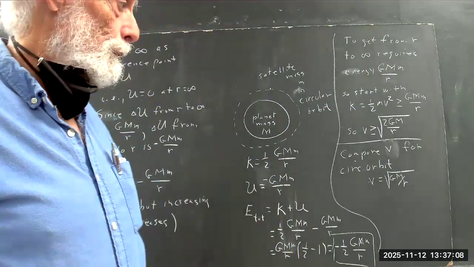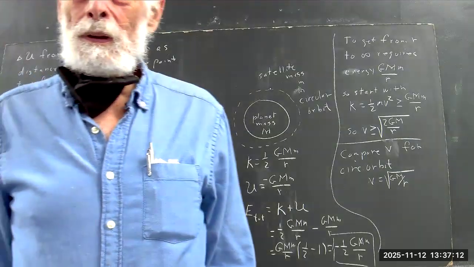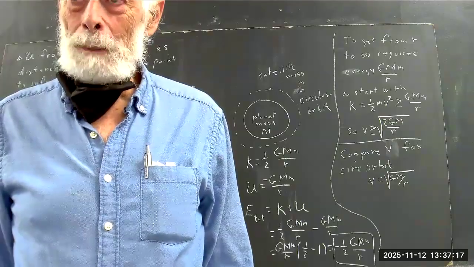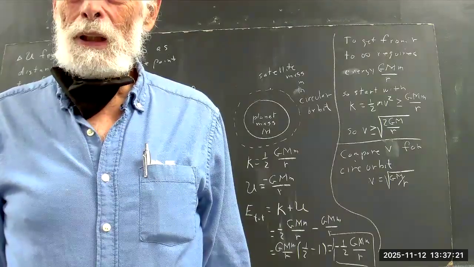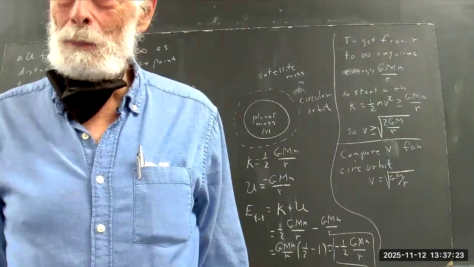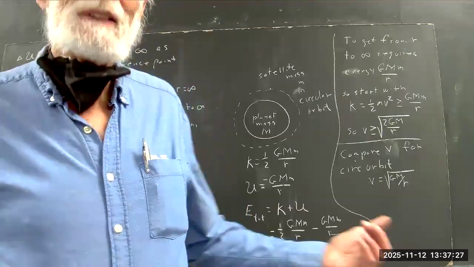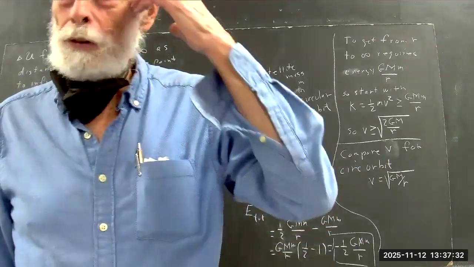I prefer when we're doing gravitation to do a lot more with orbits than your textbook does. I don't disagree with your textbook's emphasis, but I wish they would have enhanced it a little bit more with this stuff, because it's more direct. They tend to go to Kepler's laws and stuff like that, which is all great stuff.